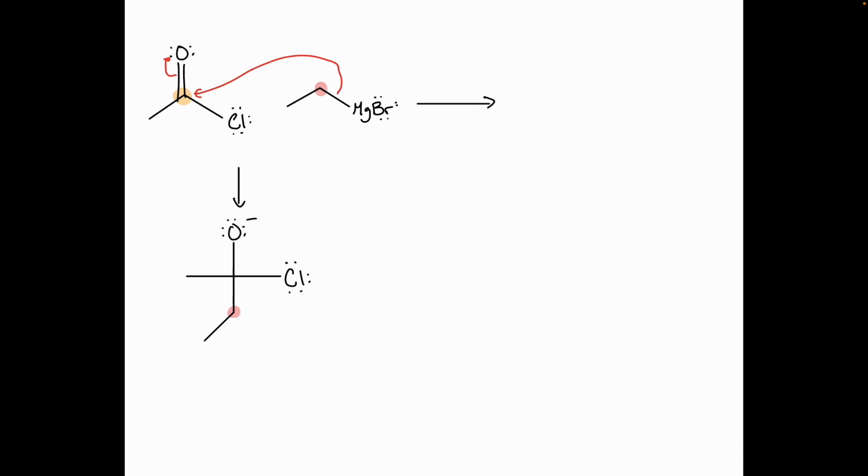All right, and what do we say when we get our tetrahedral intermediate? Is there a good leaving group here? There's the best freaking leaving group in the world, right? That chloride ion. So absolutely, this pair of electrons comes down, kicks off that chloride ion.